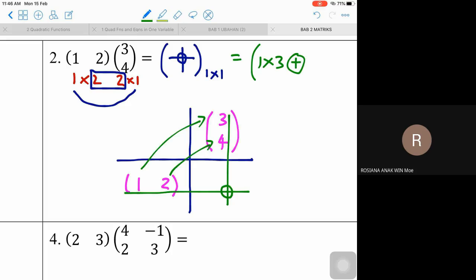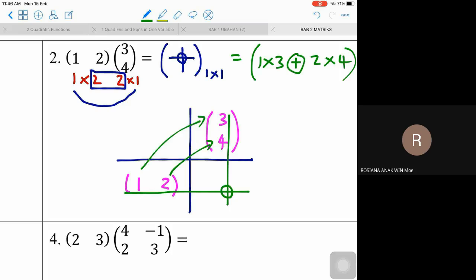So you always remember, if you read the textbook, the workbooks and so on, reference book, normally we didn't circle the plus, but I circle the plus here because most of the time when the students do the addition and multiplication, the signs are always confused.